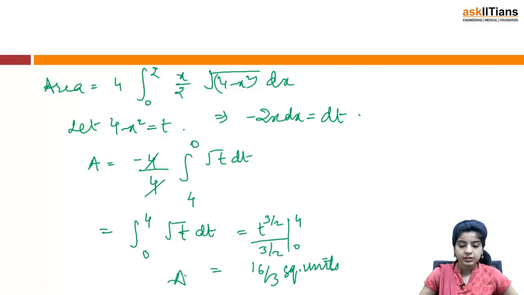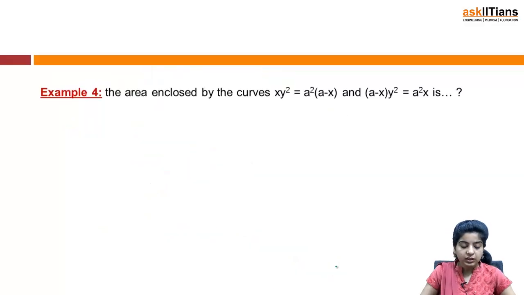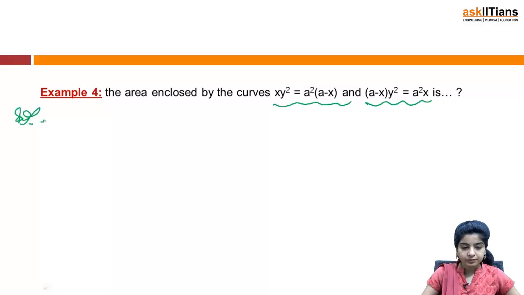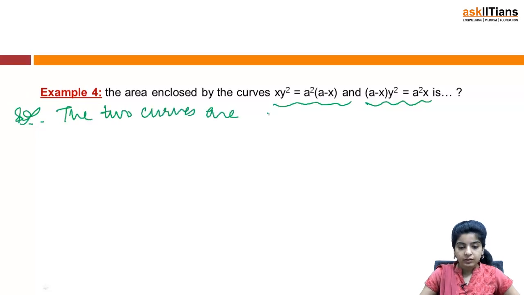Area is 16 by 3 square units, right? So now the next question that we have is: the area enclosed by the curves xy square equal to a square (a minus x) and (a minus x)y square is a square x. Now the two curves are xy square is a square (a minus x).